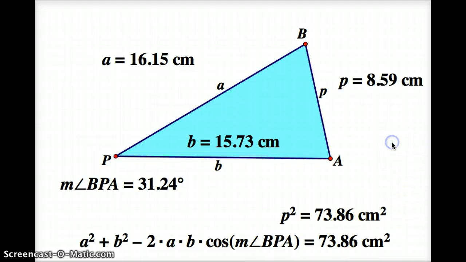So there you have it, a verbal representation of how the law of cosines can be expressed. I showed you it numerically, algebraically, and geometrically, and hopefully this helps you appreciate and be able to use and apply the law of cosines.